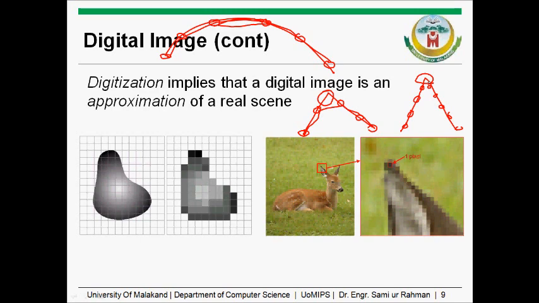Usually in image processing or even in real world problems, you want to minimize the cost of your resources. When you take more samples, then you need more storage. And this is a simple scene, but if you have a complex 2D structure or scene, then you need more samples. If you want to go closer to the real object, then you need to take more samples and you need more storage.